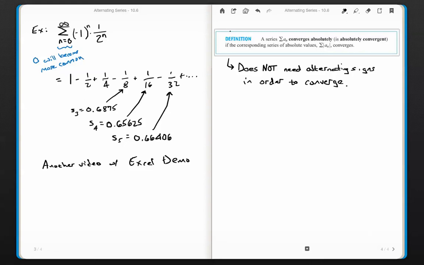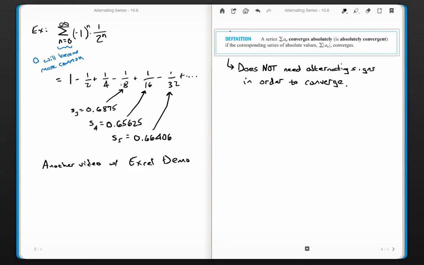So, for instance, if we look back over to this one on the left, we know that even if we made these all positive, this is a geometric series. Common ratio is 1/2, right? Even if I took the absolute value of all these things, this would still converge.